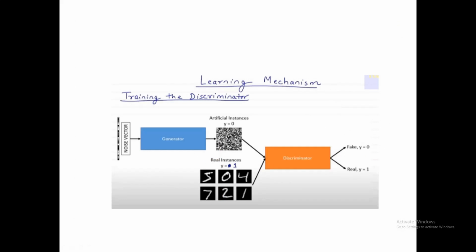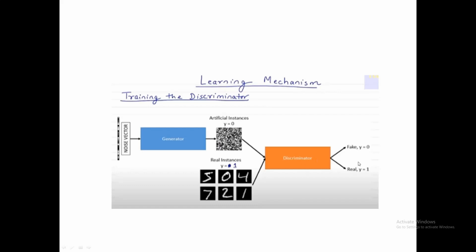How is the learning mechanism going on, for the generator as well as the discriminator? Here the generator generates the artificial images, nothing but the generated images. The label is equal to 0. Then it is given to the discriminator. Also the real instances, which are labeled by 1. In this case, these are simple human handwritten digits, 28 cross 28 input images.